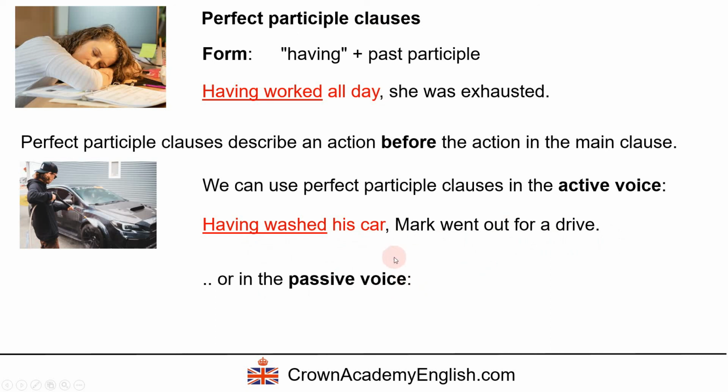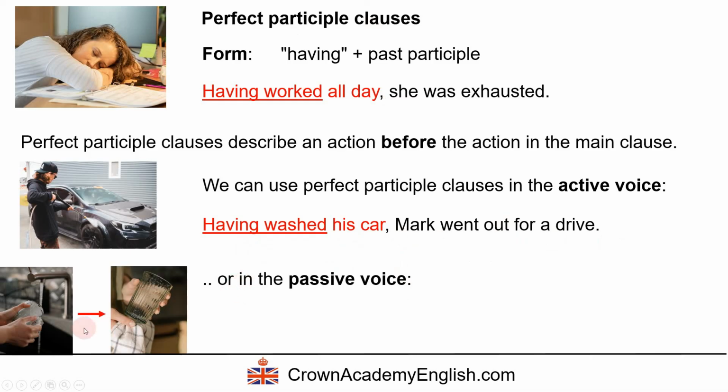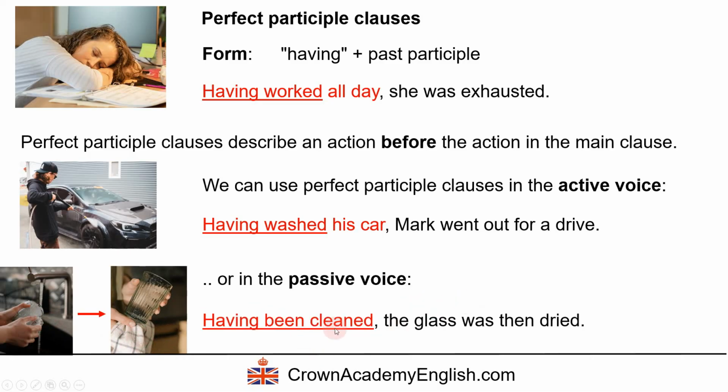Or in the passive voice. So in the passive voice, it's a little bit more complicated. So here we are washing a glass, and here we are drying the glass. Washing the glass and drying the glass. So, having been cleaned, the glass was then dried. So, having been, so we have having, and then the past participle of the verb be. So the past participle of be is been.